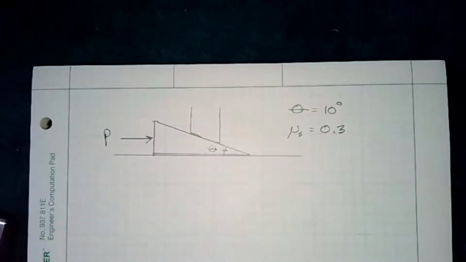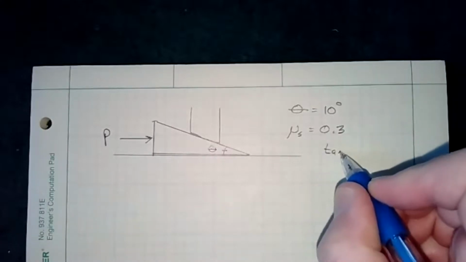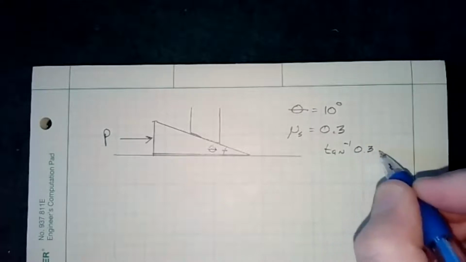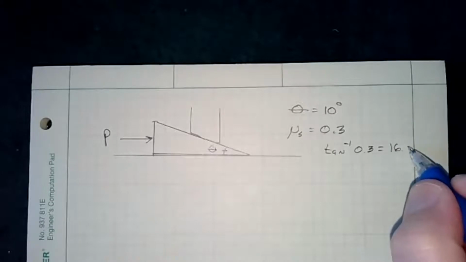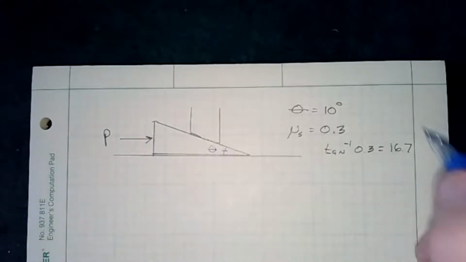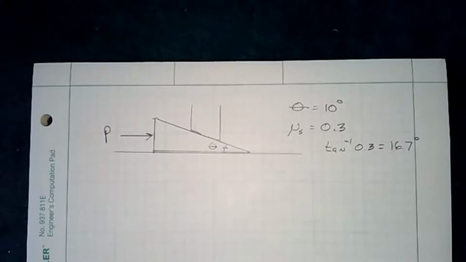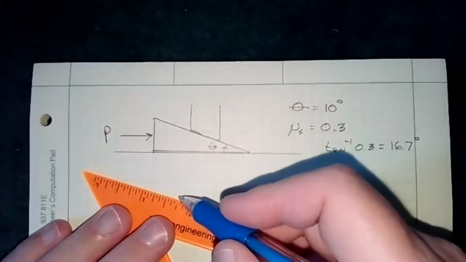So if that's the case, then if we take the inverse tangent of 0.3, so tangent minus 1 of 0.3, that gives us basically 16.7. All right, so just check that again. Yeah, so 16.7 degrees. All right, so what does that mean? So if we redraw this, let's redraw this as a free body diagram.